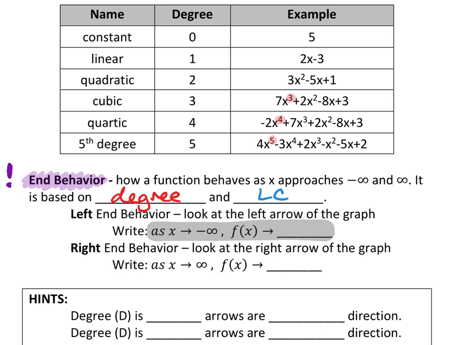That arrow means approaches. So as x approaches negative infinity, f of x approaches either positive or negative infinity. The only thing that changes is whether you put positive infinity or negative infinity in the second part. For the right side, we write the following. What's the only difference you notice from the first thing I highlighted in black to the second thing I highlighted in black?